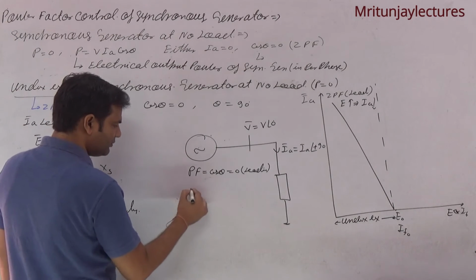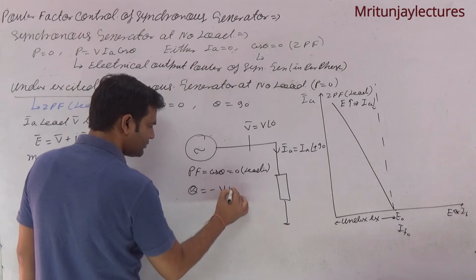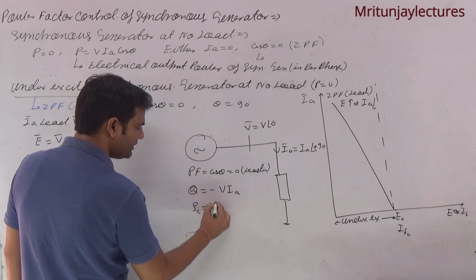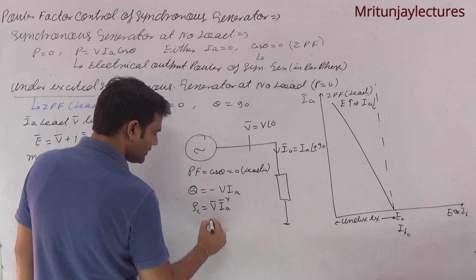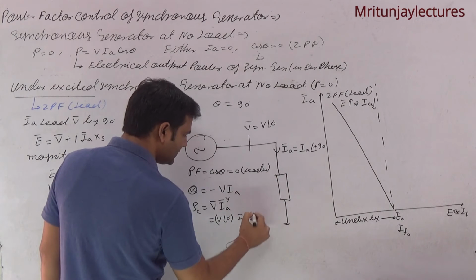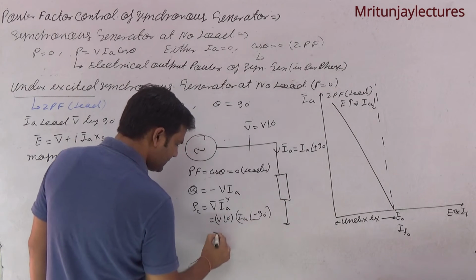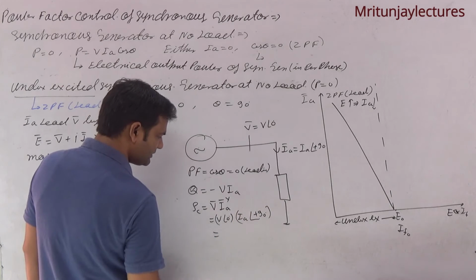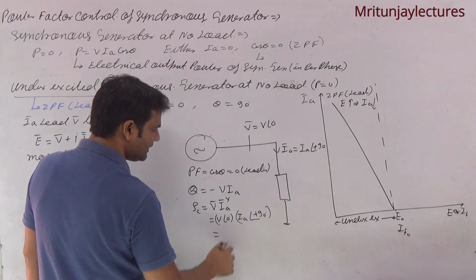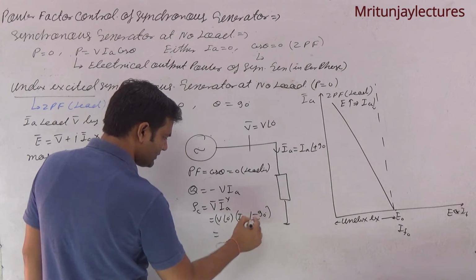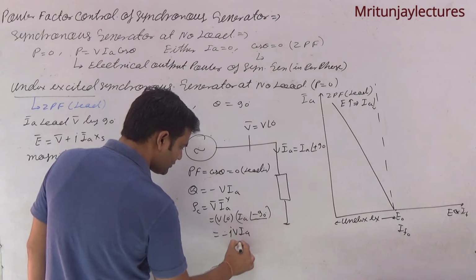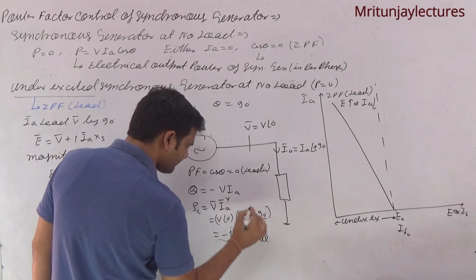If you want to write Q, Q is negative V into I A. If any doubt, then write S this be equal to V into I A conjugate, and V this be equal to V at the angle 0, and I A at the angle minus 90, okay, I have conjugate of this one, that is plus. So first of all, this one is plus, and conjugate of this one is minus. Okay, got minus, then that is J V into I A. So what about Q? Q is negative.